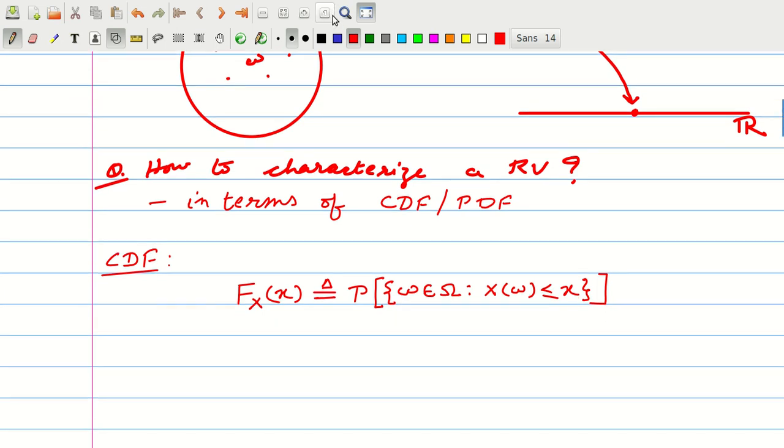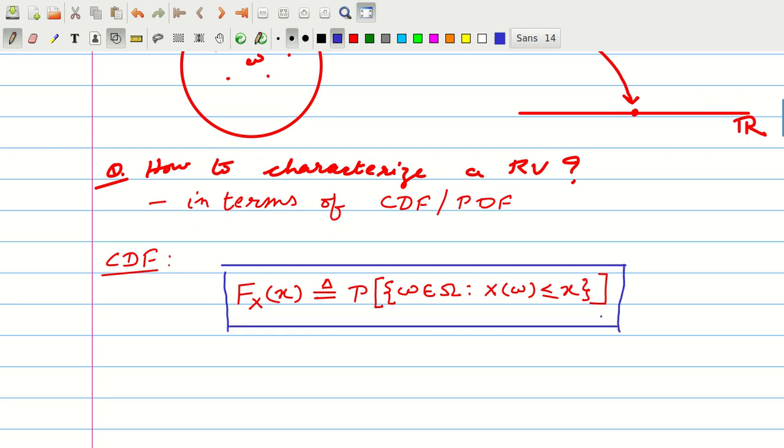Let us clearly write down the symbols that we have used here. This F denotes the CDF, capital X denotes the random variable, small x denotes the value that the random variable takes.